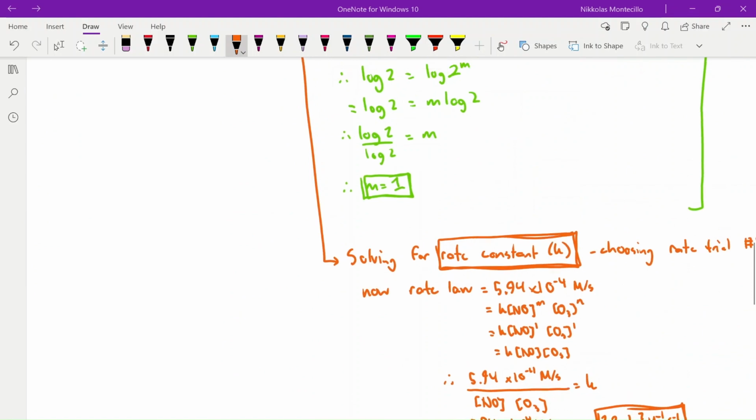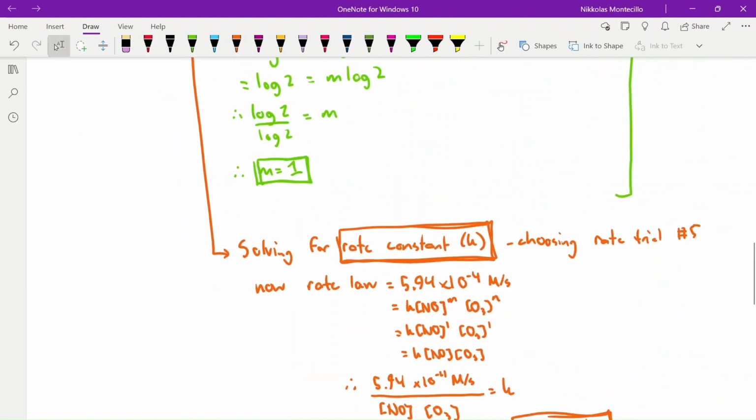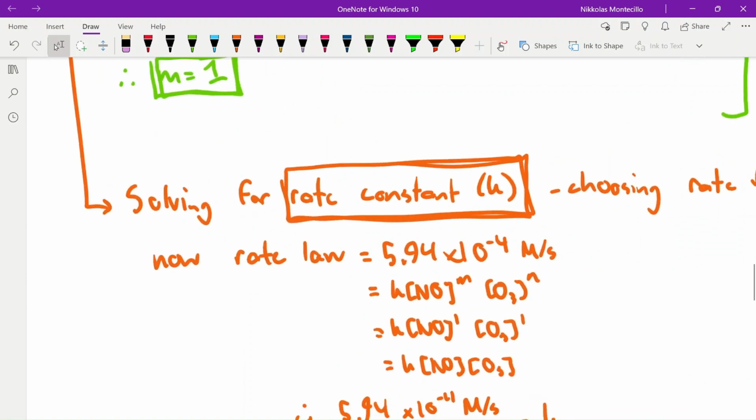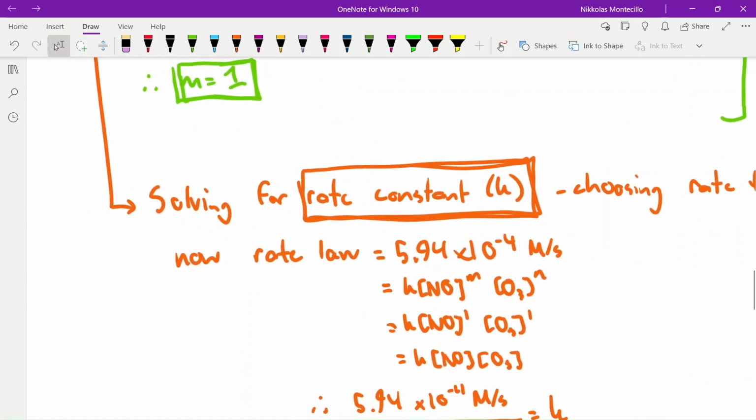So when we solve for the rate constant, I chose trial number 5, and now I express the rate law. So the rate is equal to 5.94 times 10 to the negative 4 molar concentration per second, or moles per liter per second, which equals k times the concentration of NO to the power of m times the concentration of O3 to the power of n.